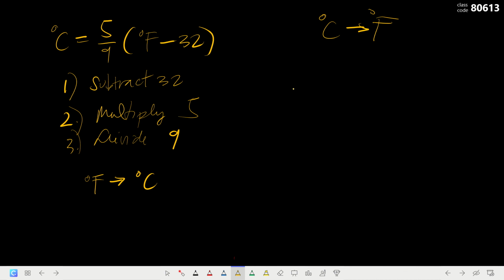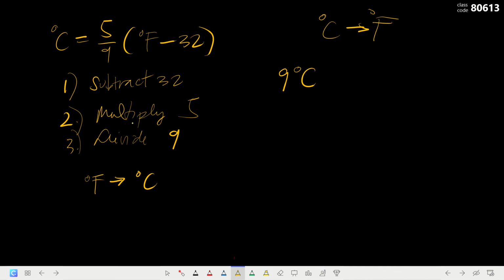Ang inverse ng division is multiplication. So yung C, degrees Celsius, we multiply it by 9. So 9 times degrees Celsius. So the inverse of division is multiplication.